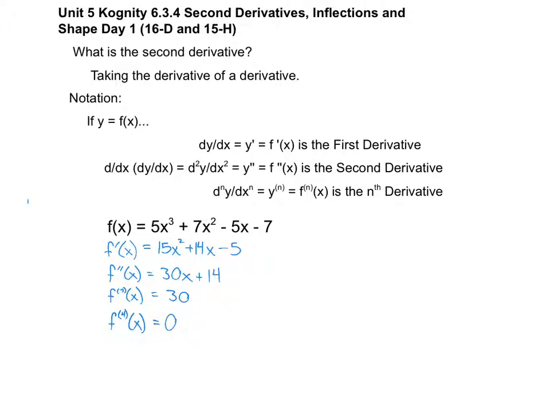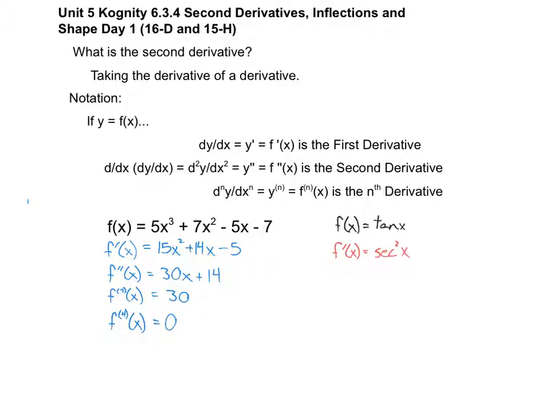If we're dealing with other functions, like a trig function or a product, those get more complex the more you take the derivative. As a quick example, suppose f of x equals tangent x. The first derivative of tangent is secant squared.